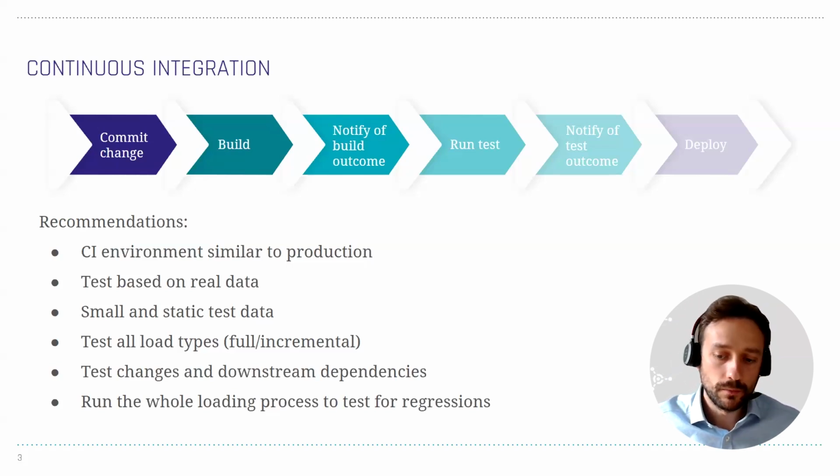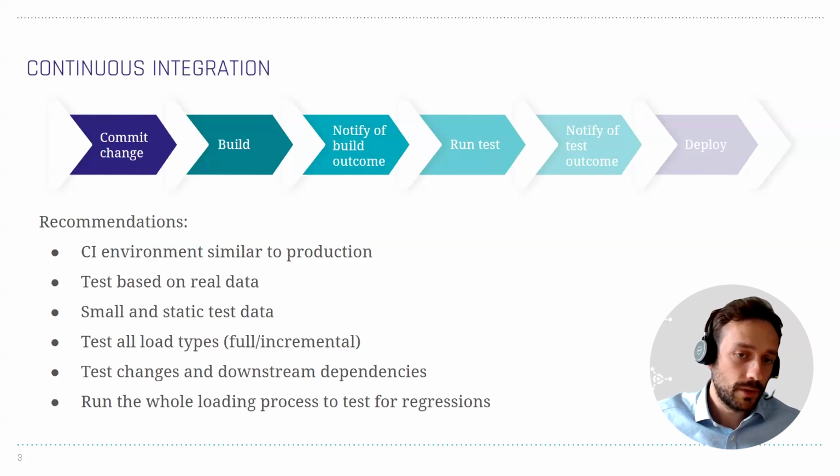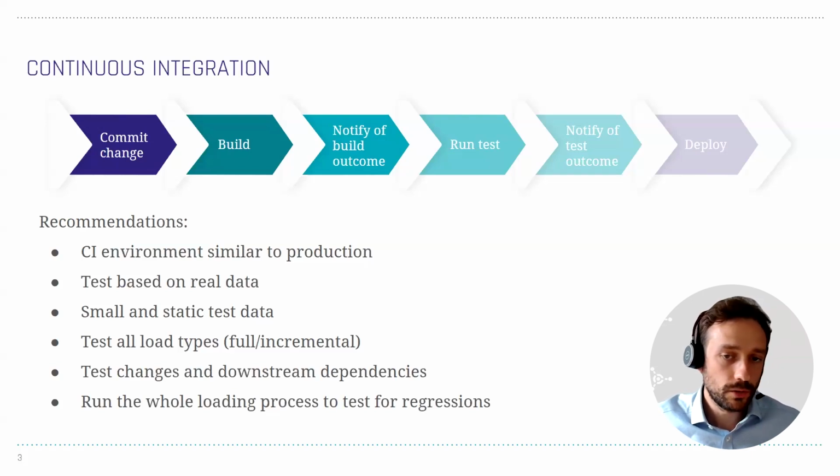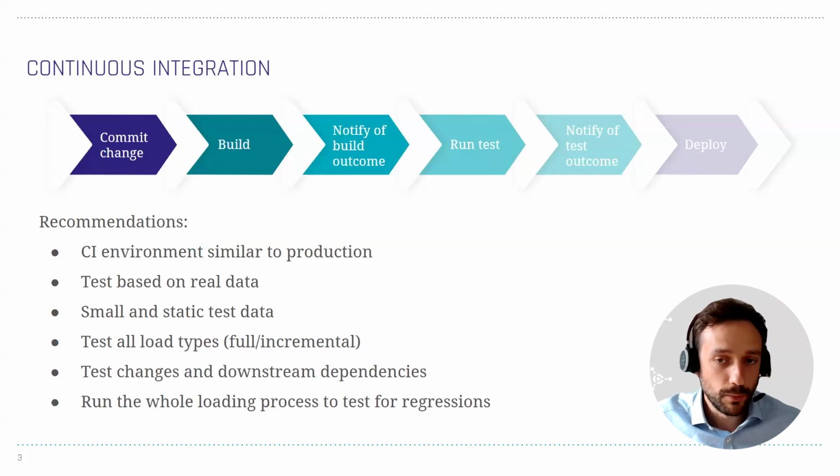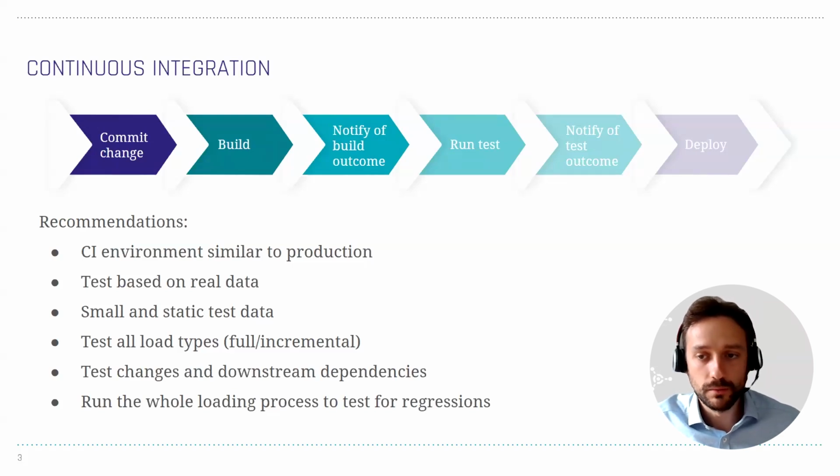And what else? You should test initial load and incremental load patterns, as the logic of both patterns is different in most cases. And last but not least, run tests not only against the changes to be merged, but also against all the downstream dependencies or even the whole loading process to test for regressions.